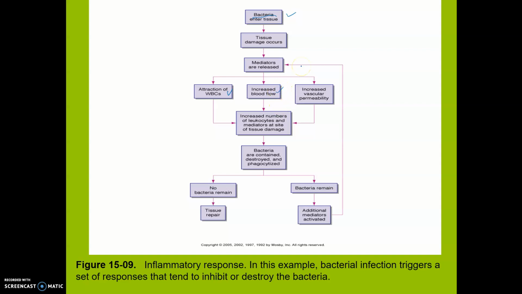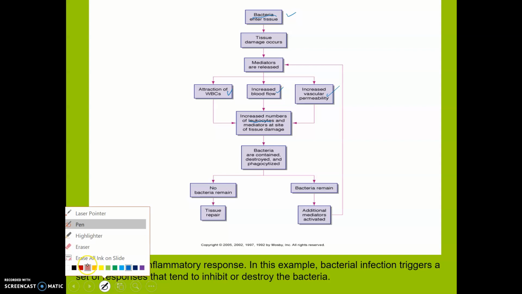Increased blood flow, that's our inflammatory response, where you have that cut, and then once it's infected, it feels kind of warm. That's because you have increased blood flow to the area, and increased vascular permeability, which enables extravasation of the white blood cells into the tissues. That increases the number of leukocytes, white blood cells, and chemical mediators to the site of tissue damage. Let's go back to red here.